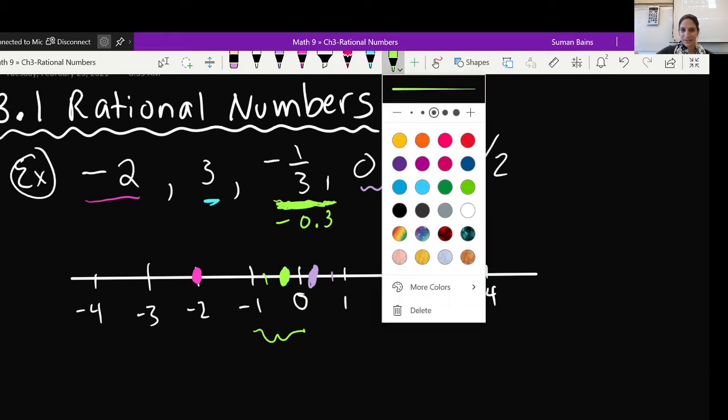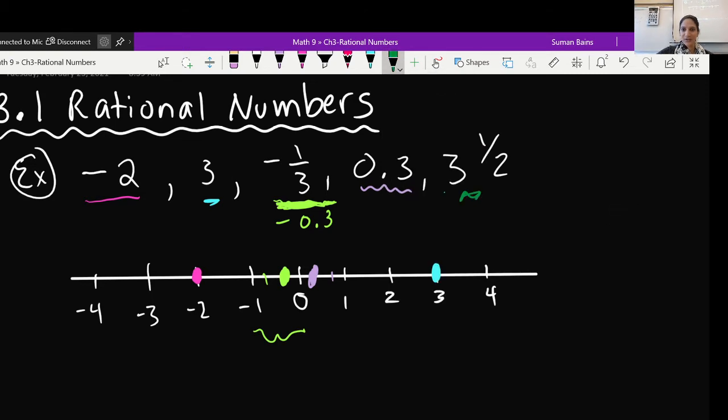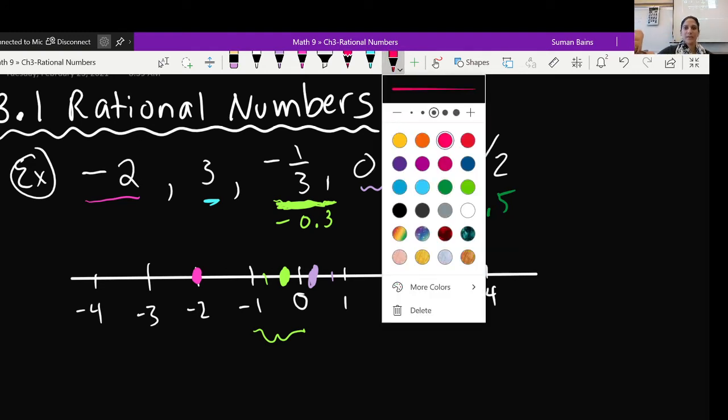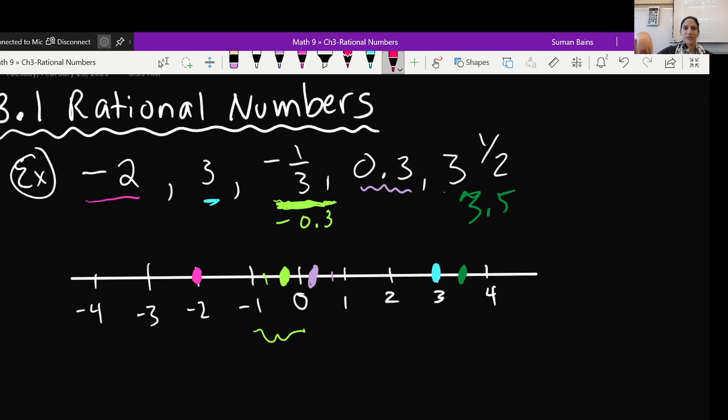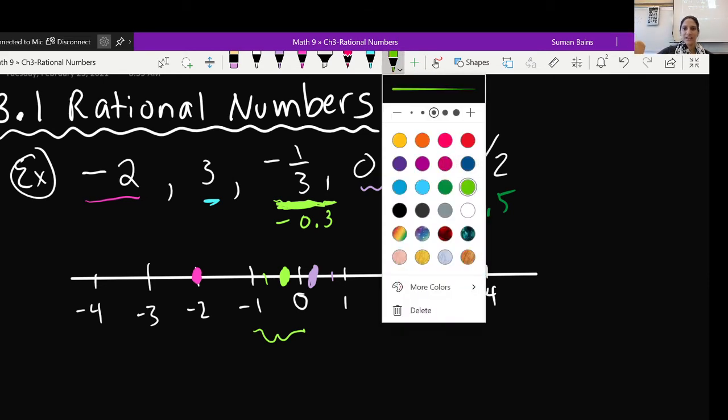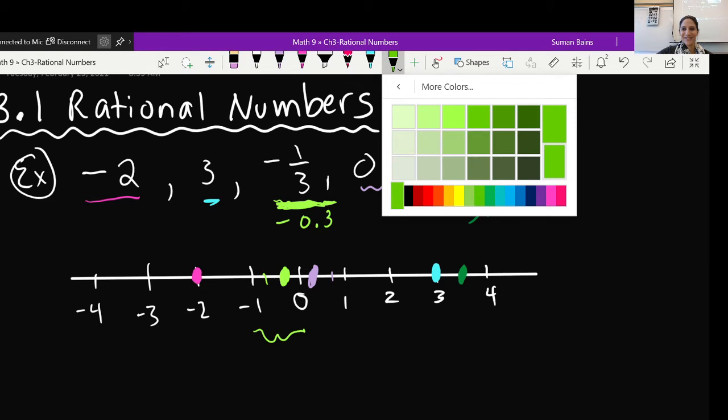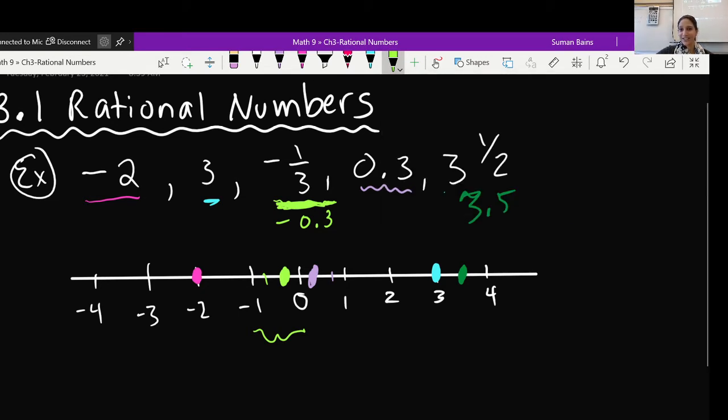Watch this, I can pull up a different color. Let's do green. So 3.5, we would place approximately there. Good? What color was that? Green? Sorry everybody, but I have to say it has to be the right shade. I just like the bright colors. Isn't that so much nicer?